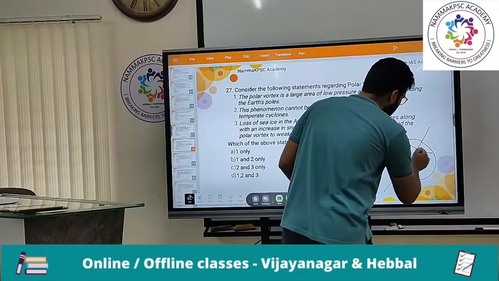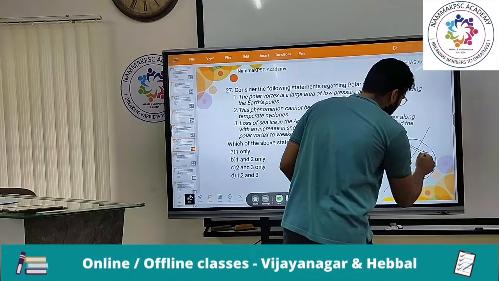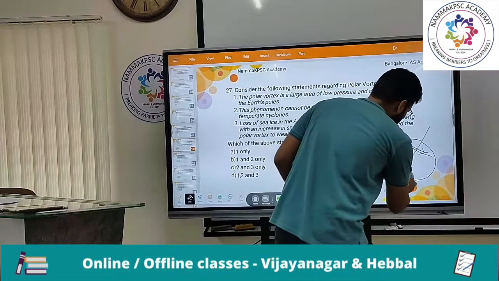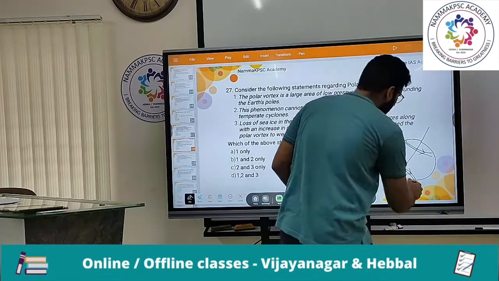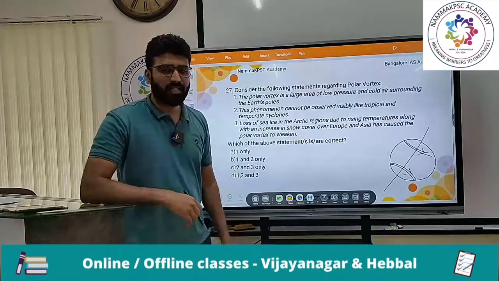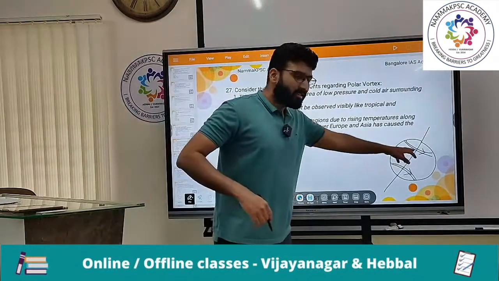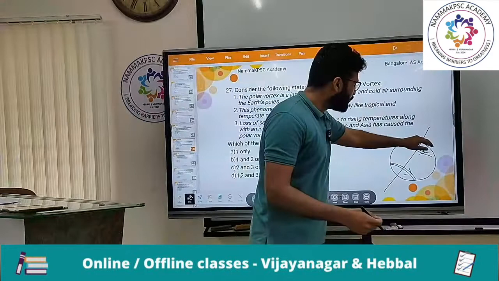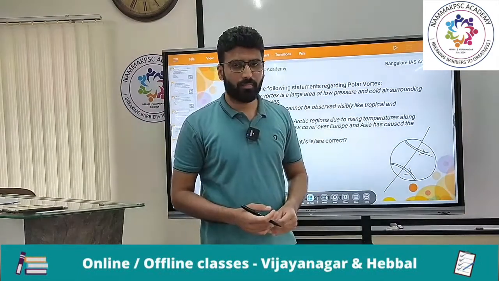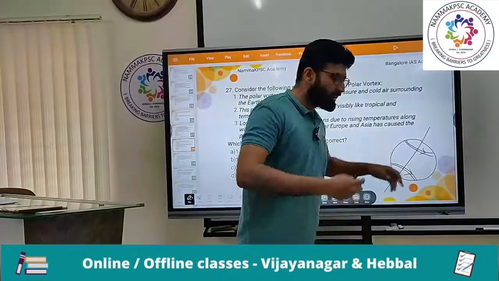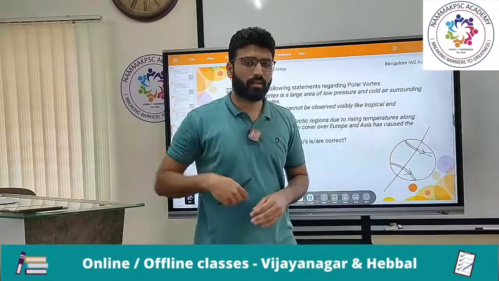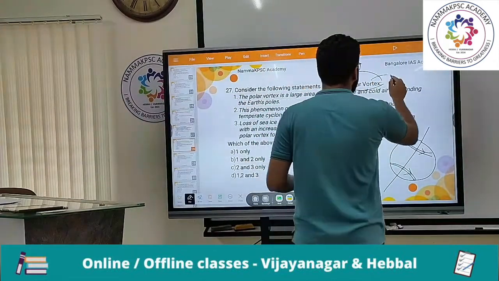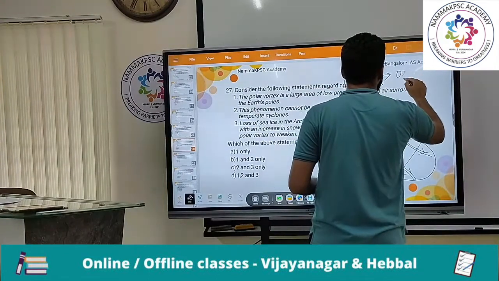We have something known as the jet stream, which moves from west to east. Similarly, in the southern pole, you also have a jet stream. Now, these jet streams actually restrict cold air moving from the poles towards the equator region. Okay, and this is restricted by the continuously moving jet stream, which results in the formation of a polar vortex, which plays a very important role in ozone layer depletion.